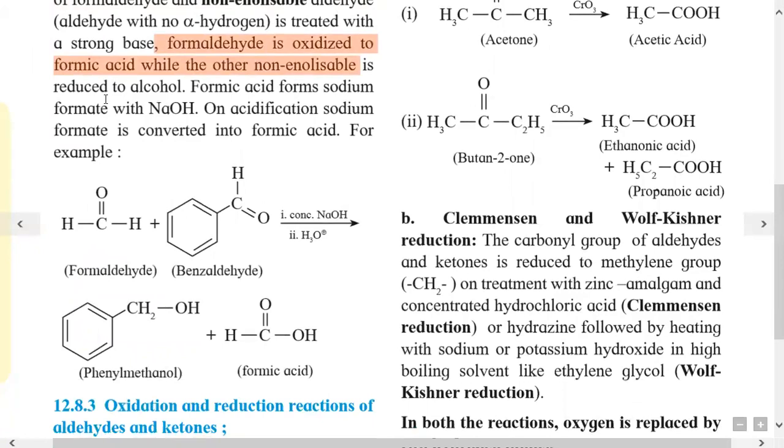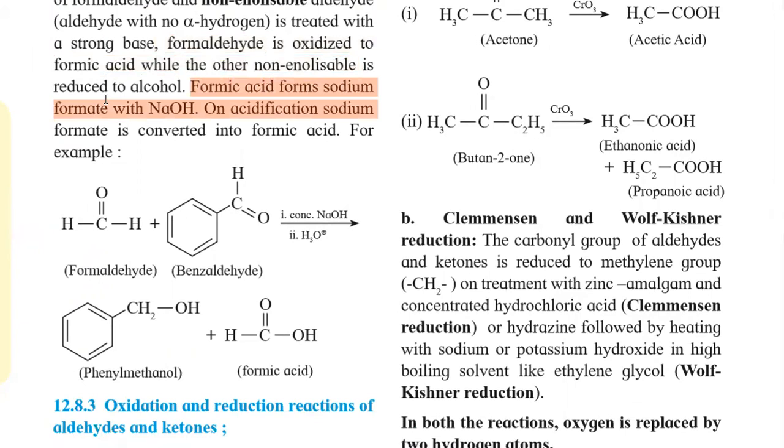The formic acid forms sodium formate with NaOH. On acidification, sodium formate is converted into formic acid.